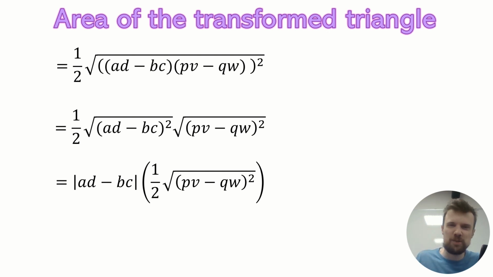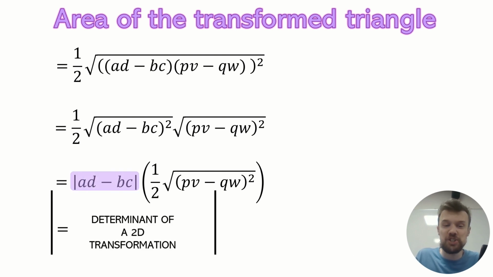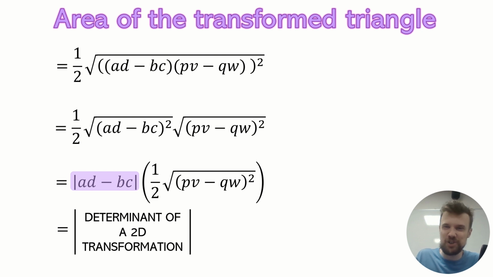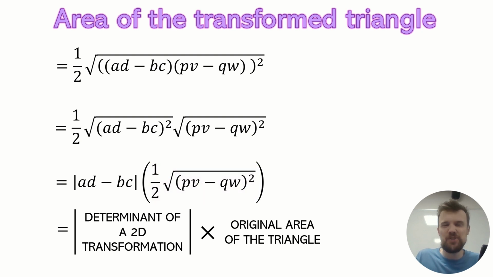And that's interesting because now it means this thing here is just the modulus of the determinant of our 2D matrix transformation we're looking at. And then this other thing that we're multiplying by is, of course, that result we got when we worked out the area of the original triangle. So therefore, boom, we've proven it.